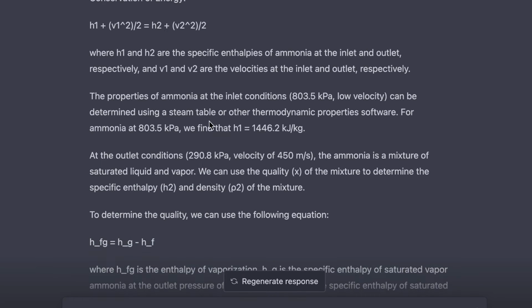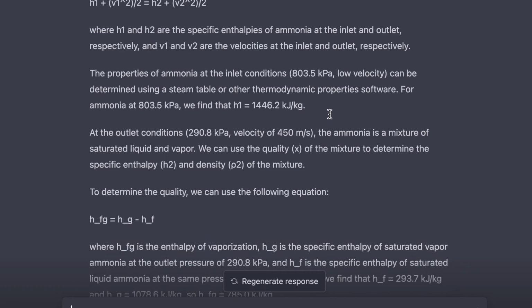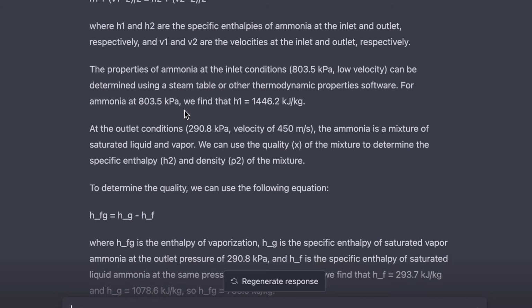The properties of ammonia and the inlet conditions can be determined in the steam tables. That is right too. And other thermodynamic properties software. The ammonia is at 803 kilopascals. That is right. And we find that the enthalpy is 1446. And I think that's already off, isn't it?